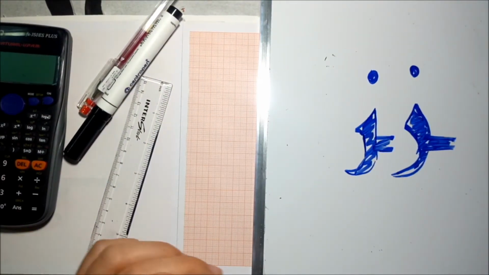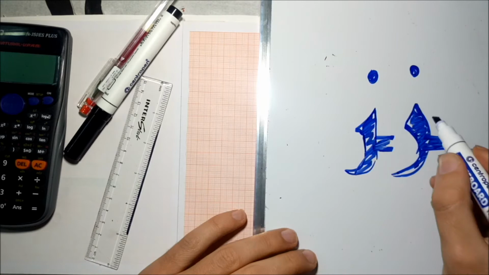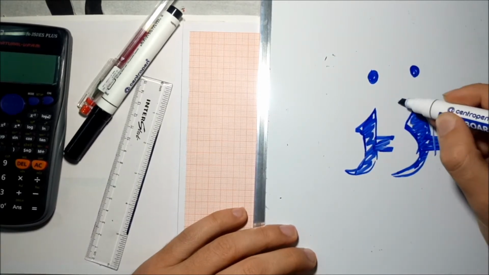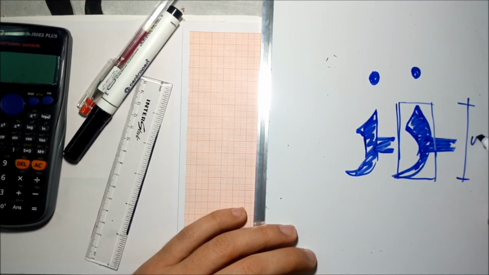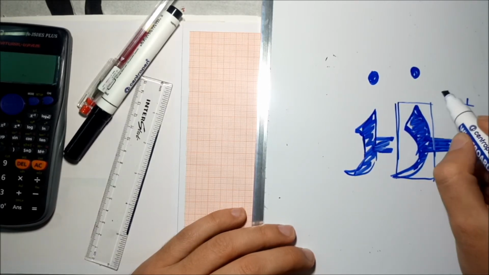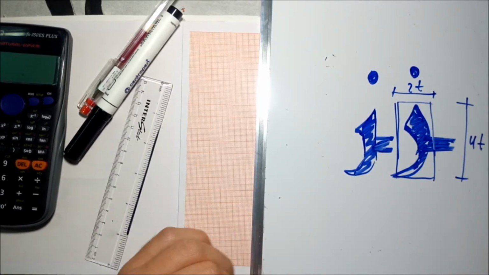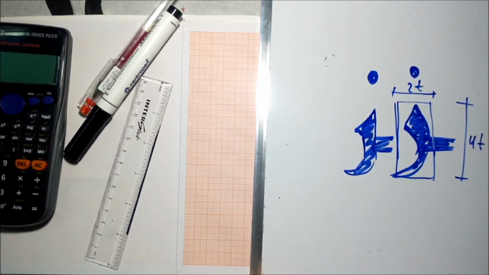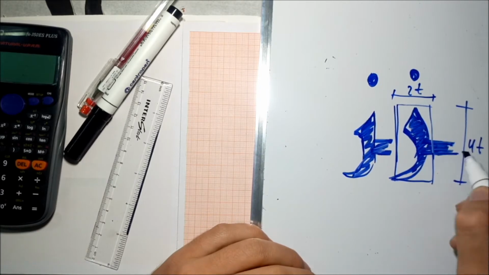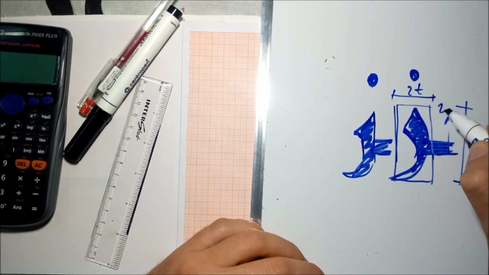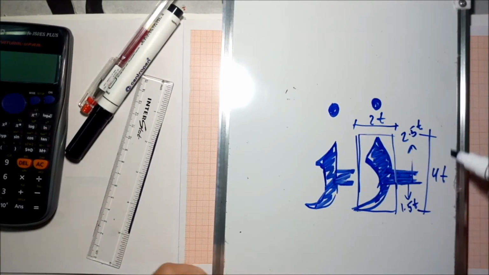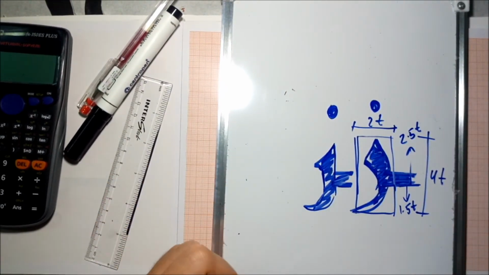So this Ra is 4t by 2t, so it's rectangular. Now from this point, the lower part of the baseline, we are going upwards 2.5t, and below that we are going to move 1.5t. These are the dimensions that govern the thickness.